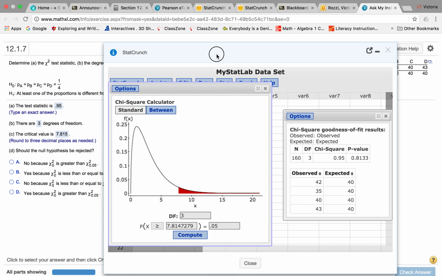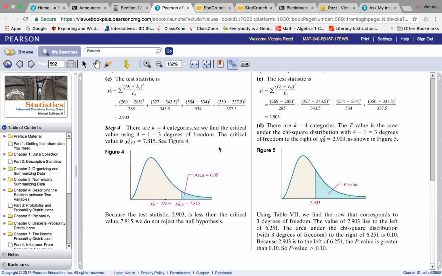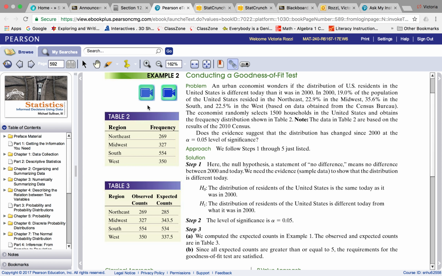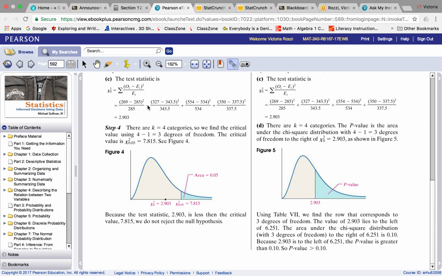Okay, now we have to choose whether we should reject the null hypothesis or not. And there are 2 ways that you can decide to reject the null hypothesis. I just want to show you in the text where you can find this in case you want to look at it again. So I'm going to go to my e-text here. This is on page 592 in 12.1, and this is one of the examples for conducting a goodness of fit test. I always like to look at how they actually do it because that certainly helps me to really comprehend the information.